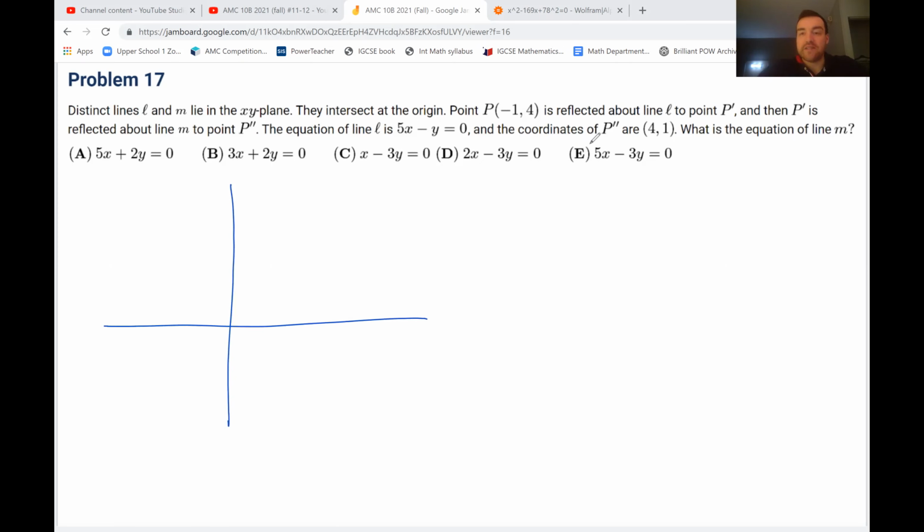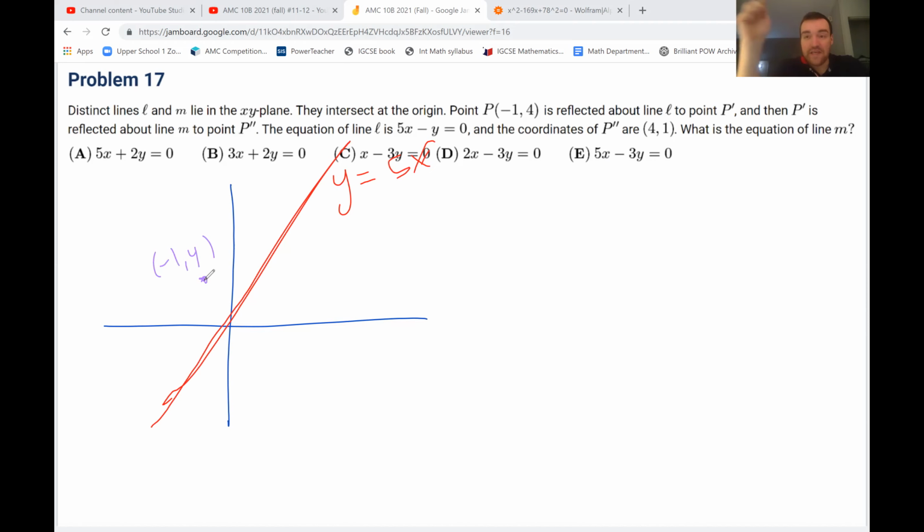So we have 2 lines that meet at the origin. We know line L has equation 5x minus y = 0, or y = 5x. So we can draw the line y = 5x. Now we have the point (-1, 4), which would be about here.